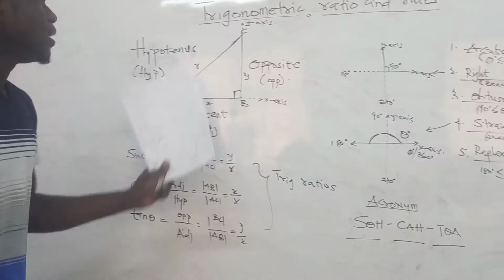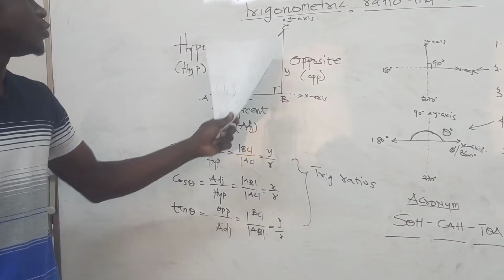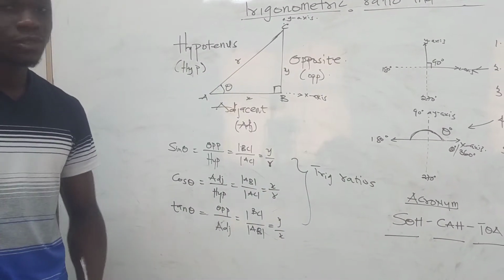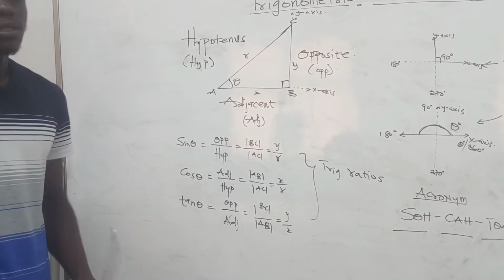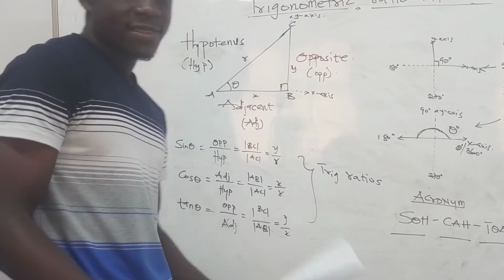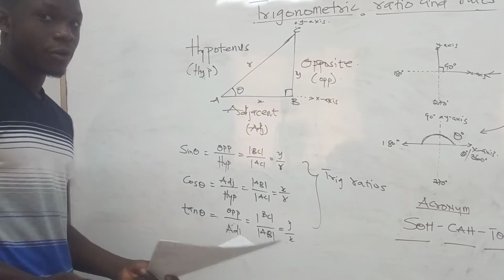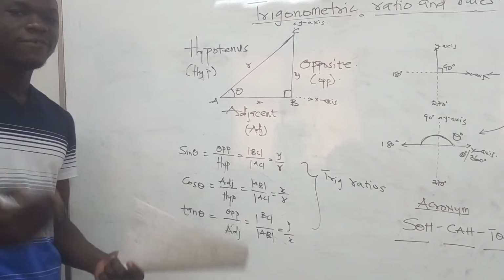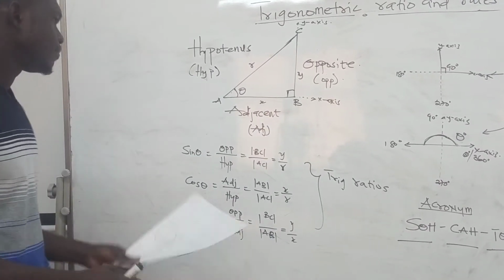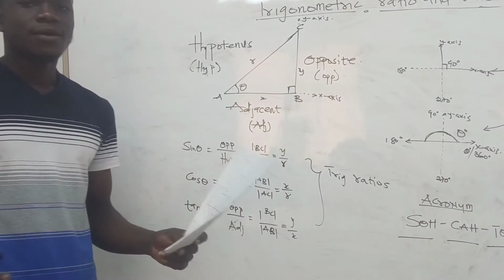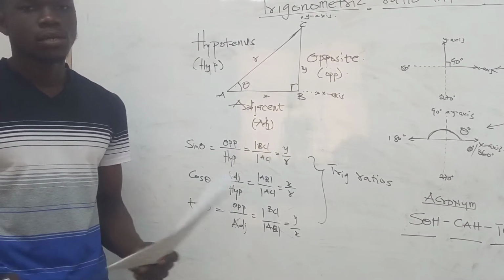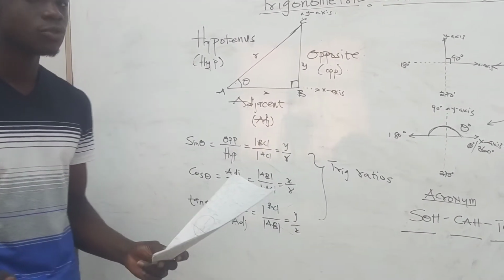Now, moving from the angles to the trigonometric ratio. A great mathematician called Pythagoras brought out a theorem. So now we've heard about Pythagoras' theorem. It always deals with a right angle triangle.